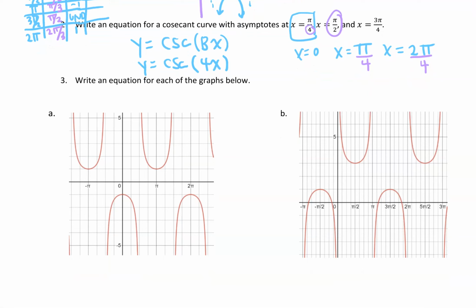Okay, so let's look at number 3. Write an equation for each of the graphs below. Oh my goodness. Okay, so for the first one, let's look at where my asymptotes are going to fall. Looks like pi over 2, right? Okay, so what type of function am I looking at?